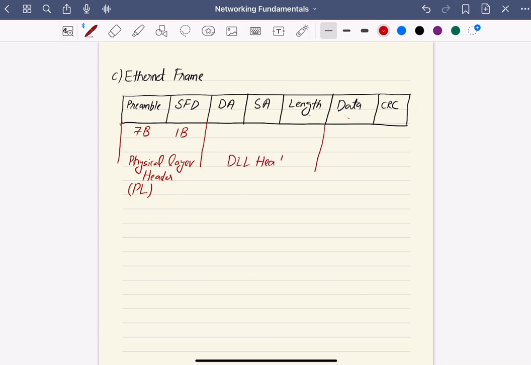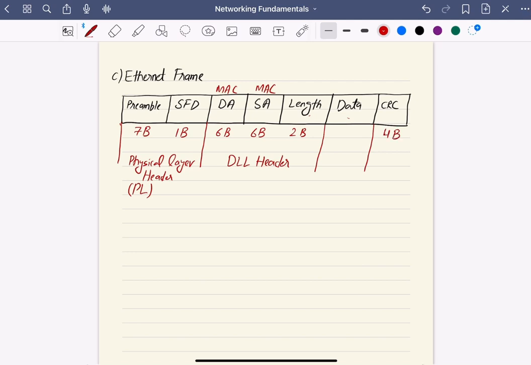The destination MAC address is 6 bytes, the source MAC address is also 6 bytes, and the length field is only 2 bytes. The CRC is 4 bytes, and it is for error detection.